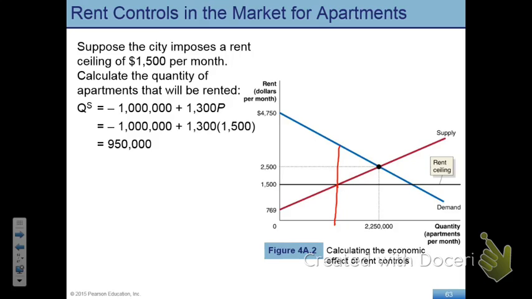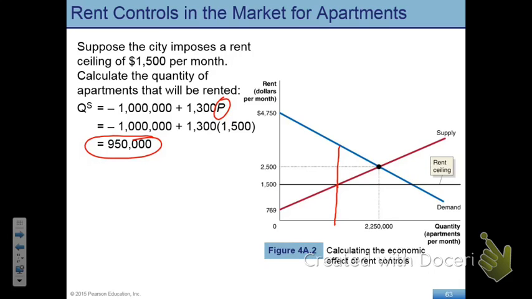First of all, once we know what the price government forces the sellers to charge, we can substitute that value in the supply curve, and we can find QS at which the price is $1,500.